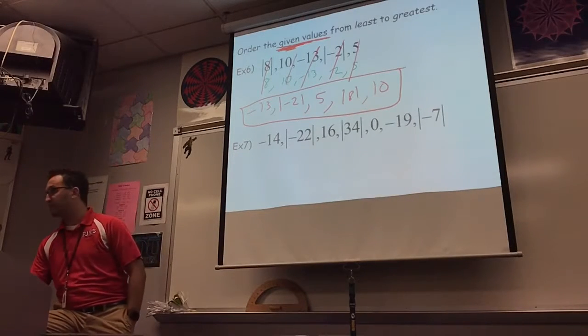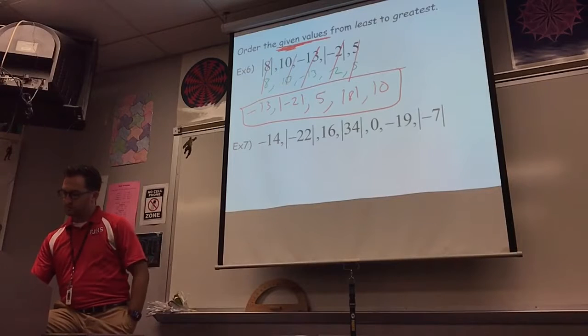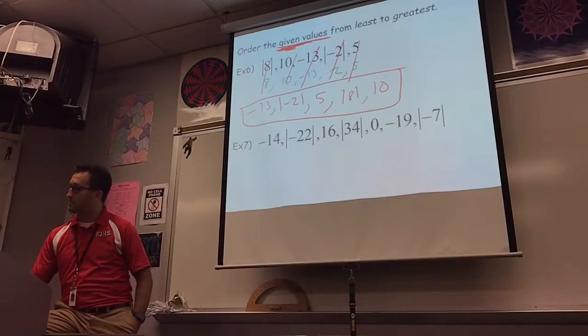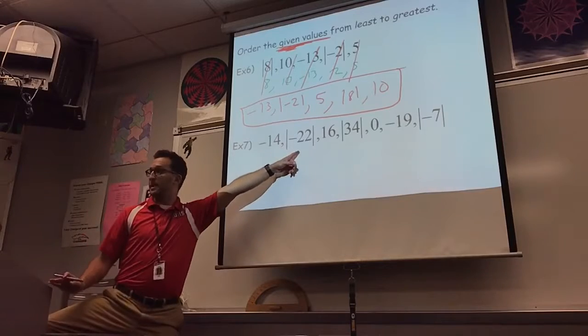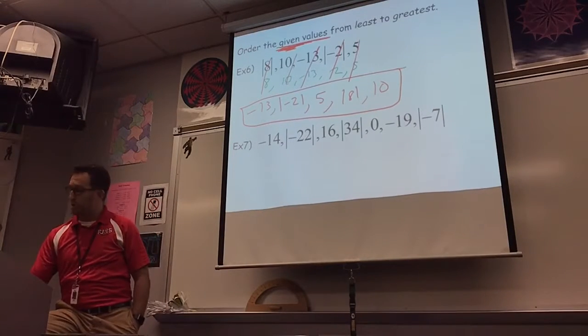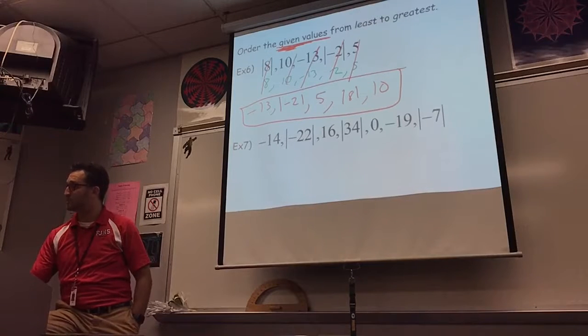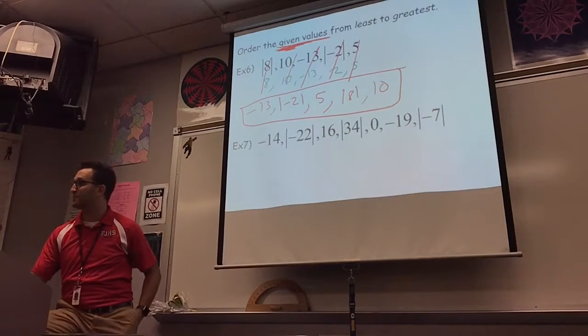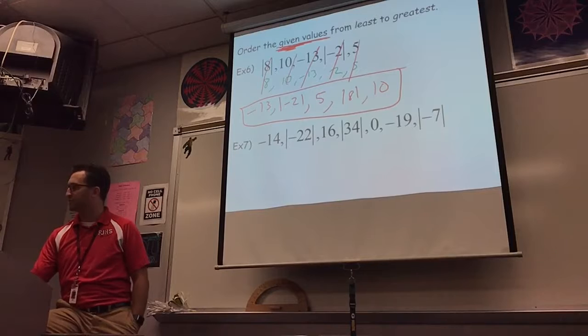What's the absolute value of negative 22? We're simplifying the absolute value. By definition, absolute value is a distance, and we talked already about how distances can never be negative. It doesn't make sense in the real world for a distance to be negative.